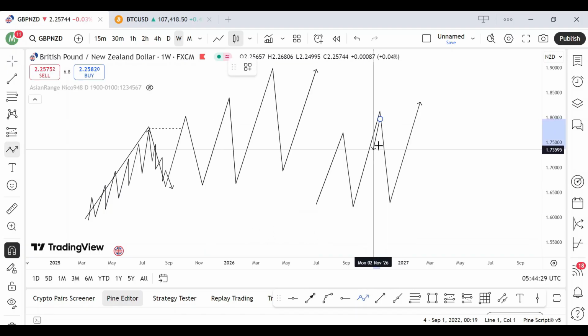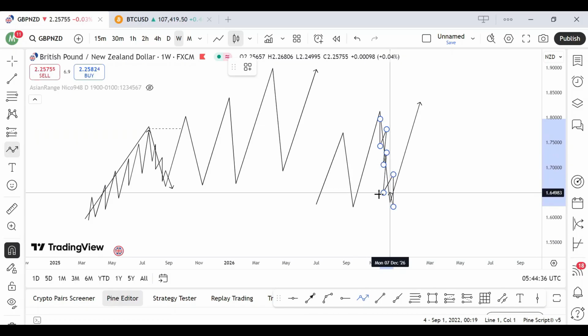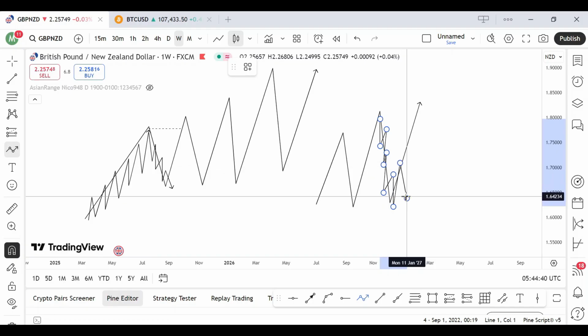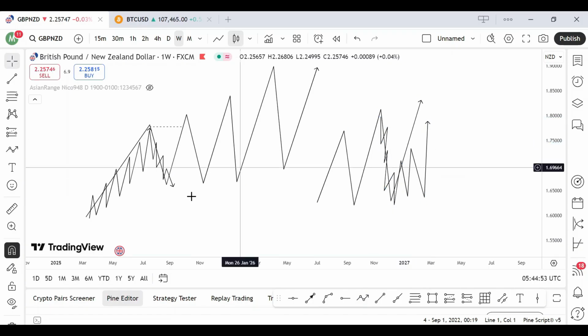In this case, price was making a series of lower low, lower high in the lower time frame. Then you have a sweep of this low here, then a break of structure. That's how you know that the trend is reversing, and the swing structure is going to make an impulsive move to the upside. So you start looking for buys. That's how you follow the structure.